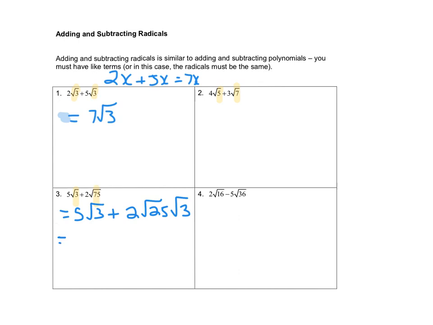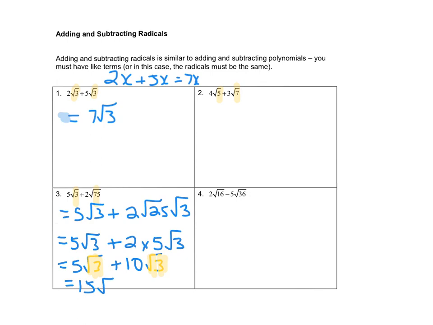And now I'll just simplify the second term further. So that's 2 times 5 times root 3. So that's 5 root 3 plus 10 root 3. And now I have a common radical of root 3, so I can add those together. So I have 15 times root 3.